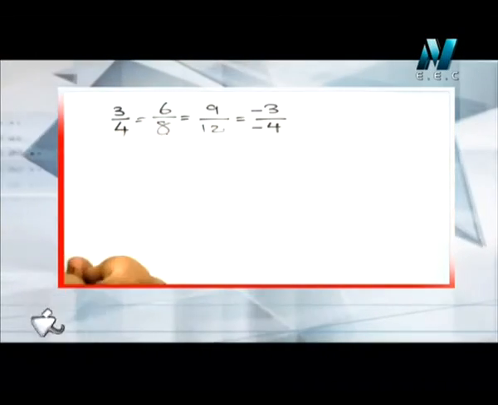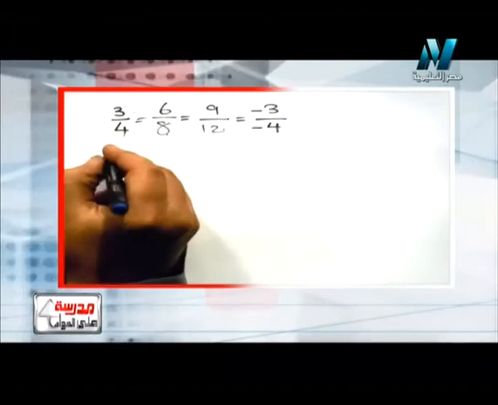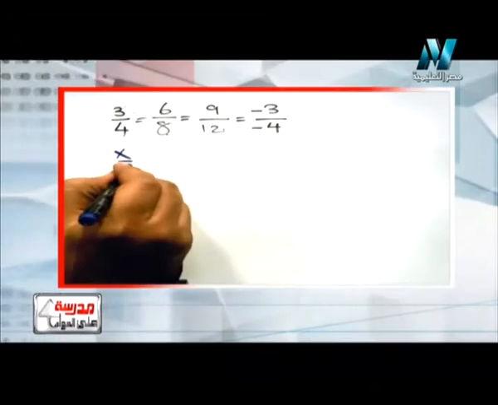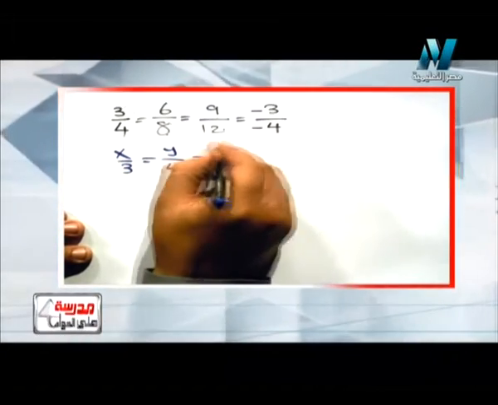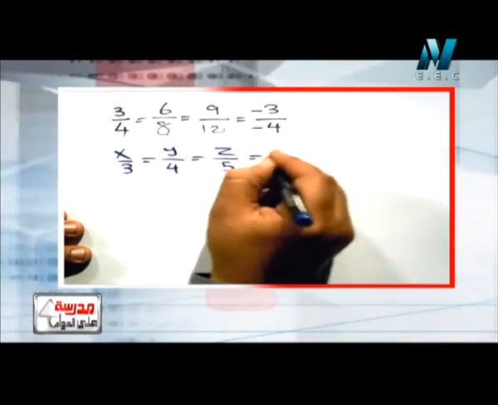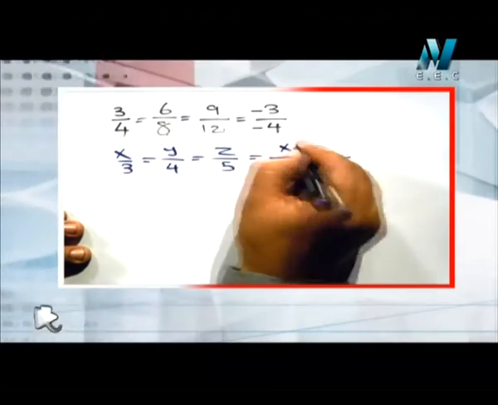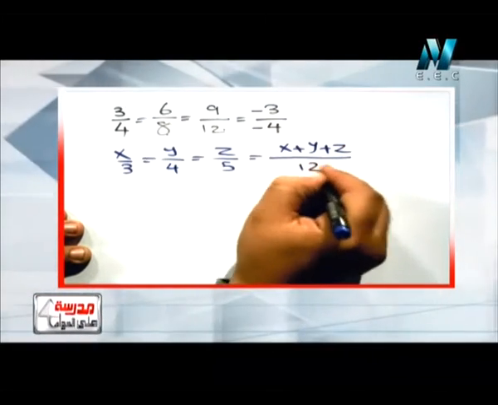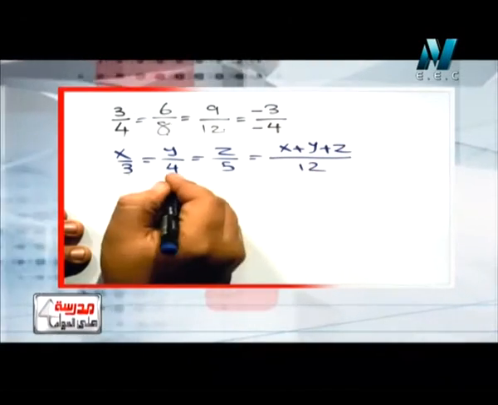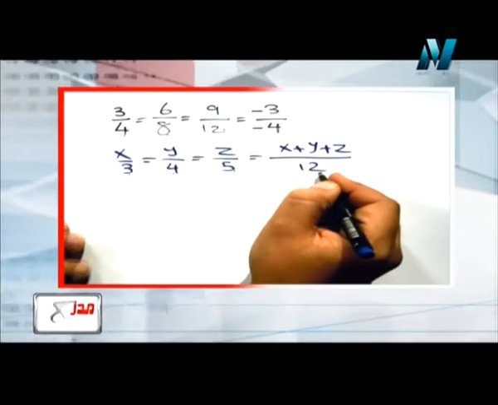And let's have an exercise on this. For example, if we have x over 3 equals y over 4 equals z over 5, this will be the same as x plus y plus z over 12, and for 12, it's 3 plus 4 plus 5, so the answer is 12 here.